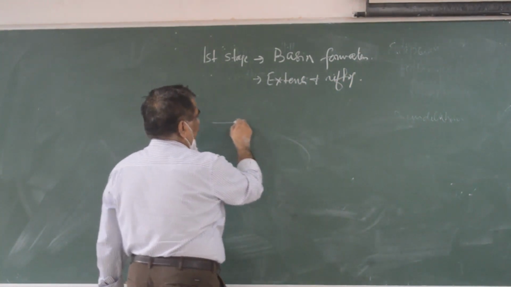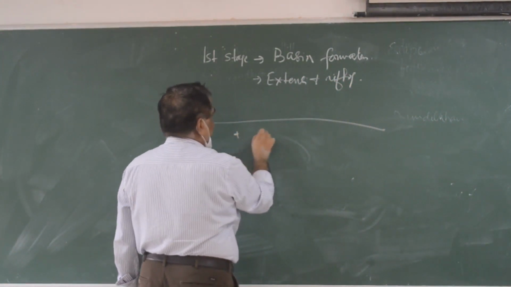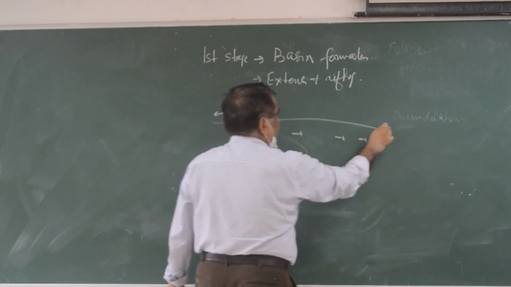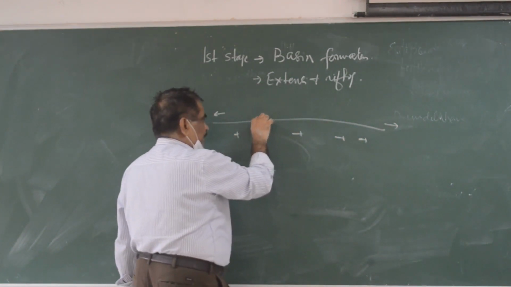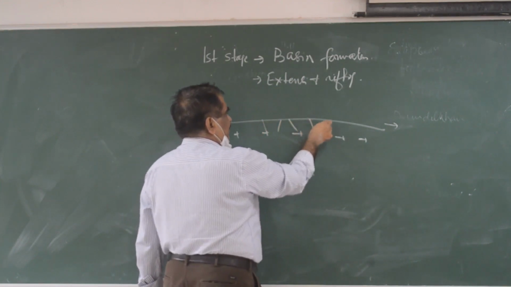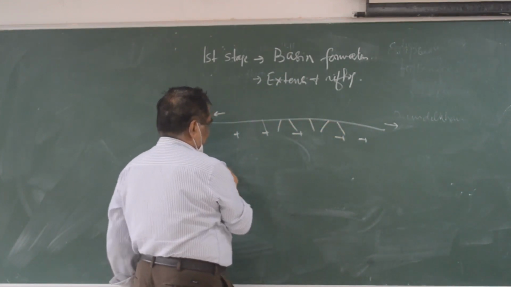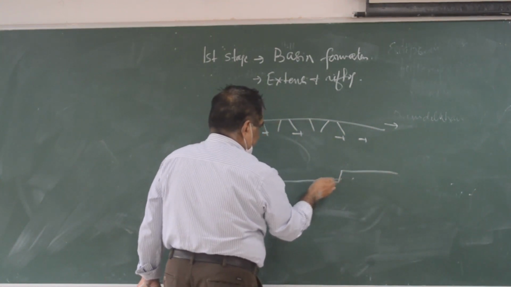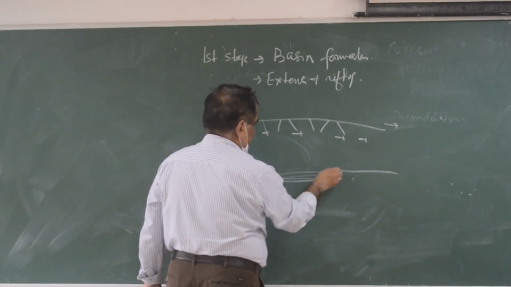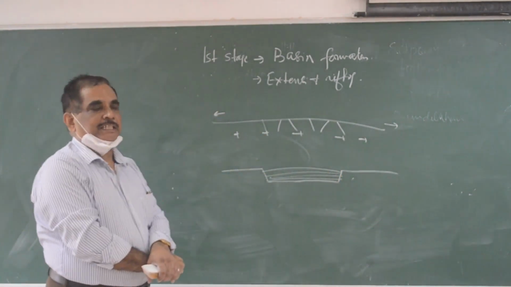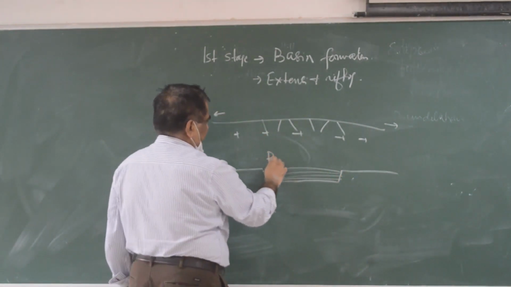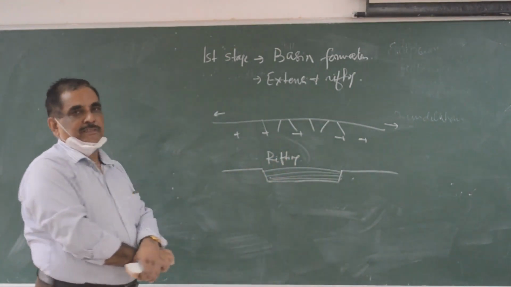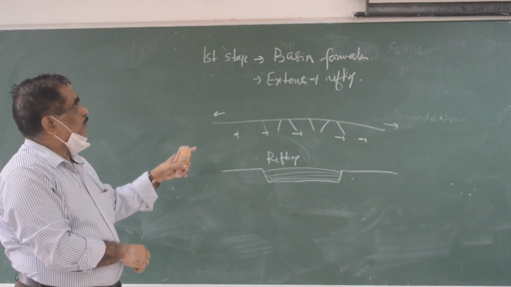That means you have a granitic crust. The extension takes place. Then these normal faults develop. Then subsequently this type of basin develops where sediments are being deposited. So this is called rifting. So rifting gives rise to a basin.